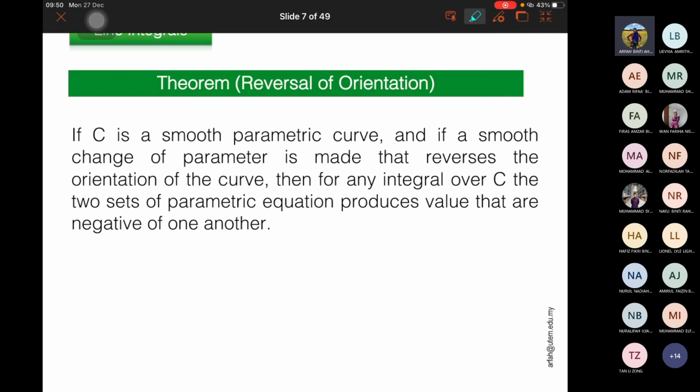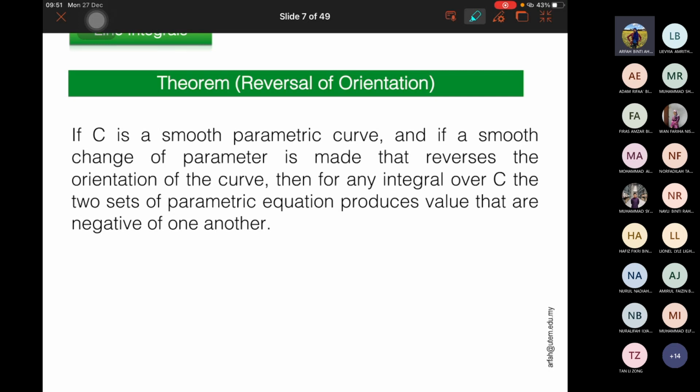There is another theorem. If C is a smooth parametric curve and if a smooth change of parameter is made that reverses the orientation of the curve, then for any integral over C, the two sets of parametric equations will produce values that are negative of one another.